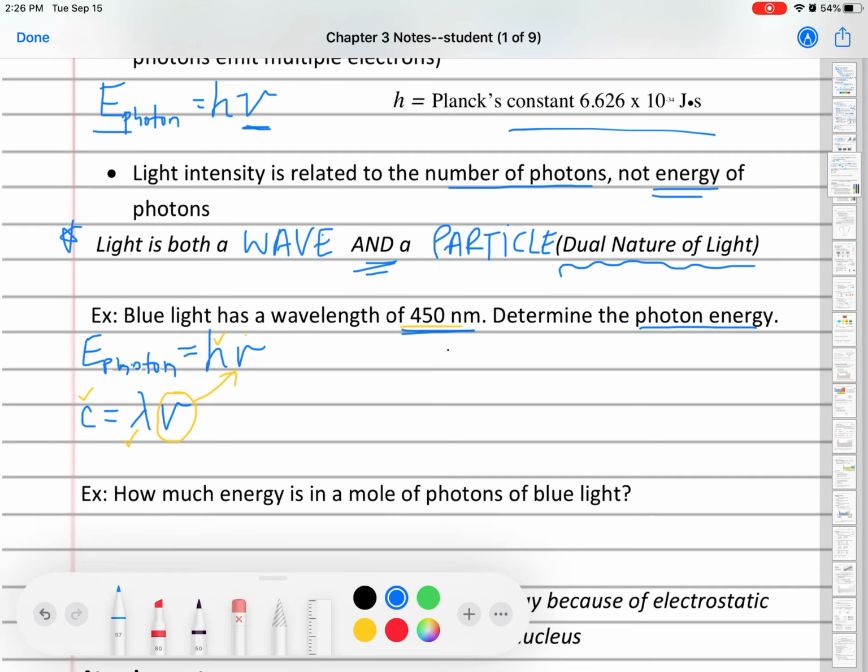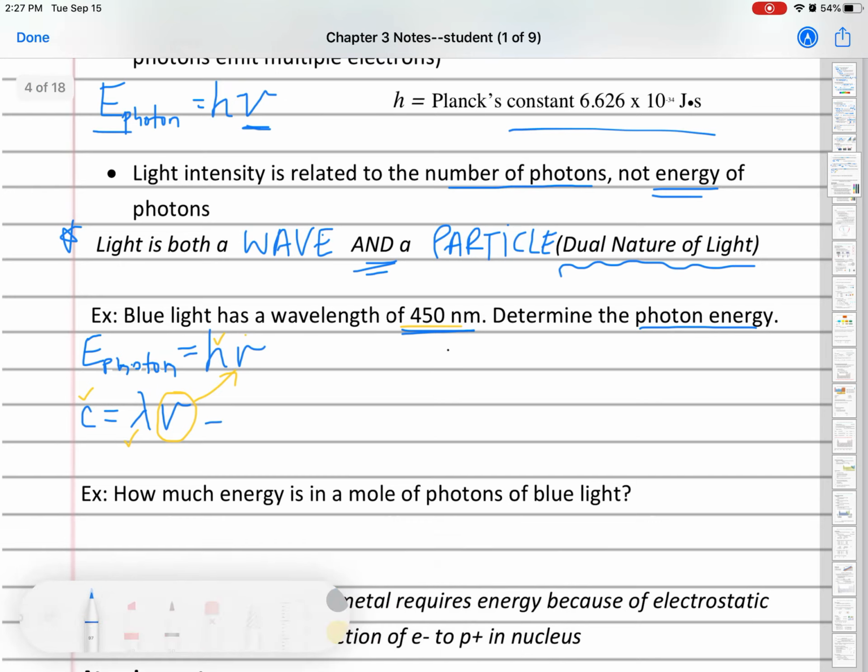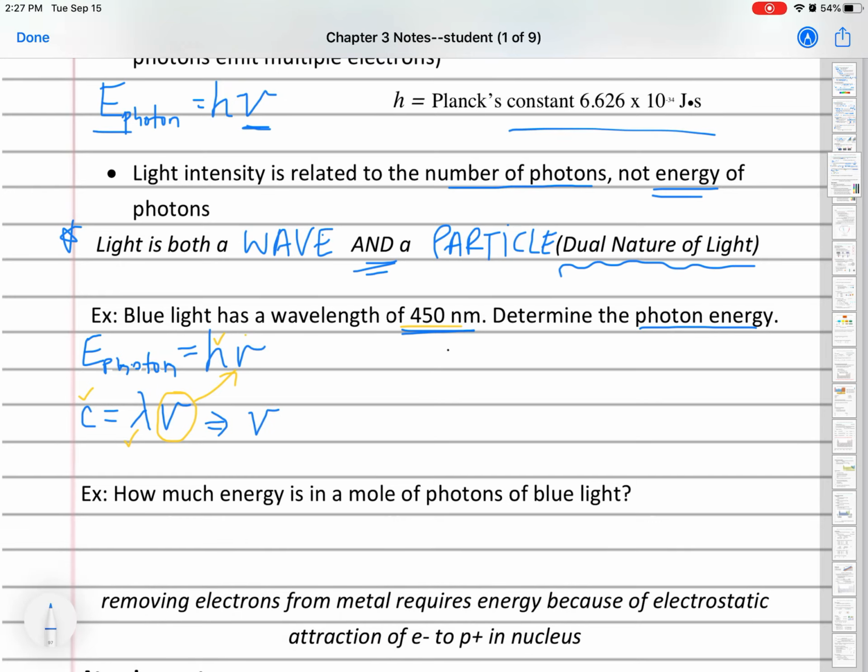So first I'm going to do this equation down here, the speed of light. I am going to rearrange this equation. So I want to solve for frequency. So frequency is equal to the speed of light over wavelength here. So that is 3.00 times 10 to the 8th meters per second divided by 450 nanometers.